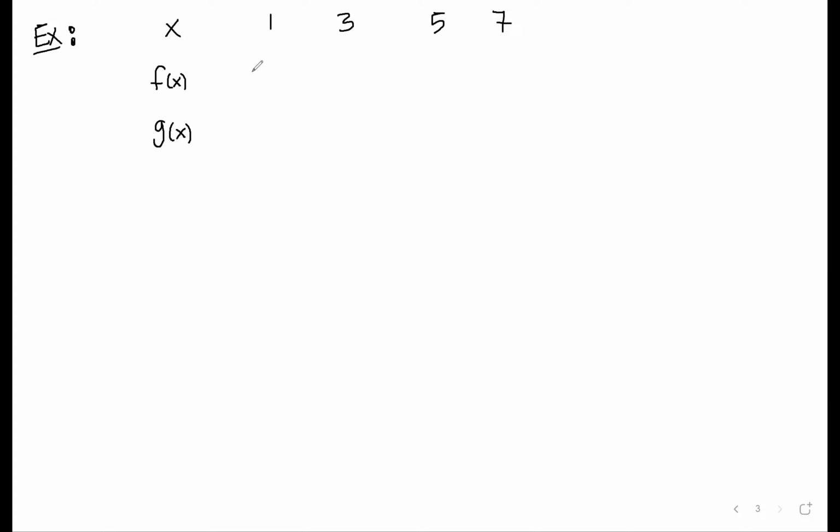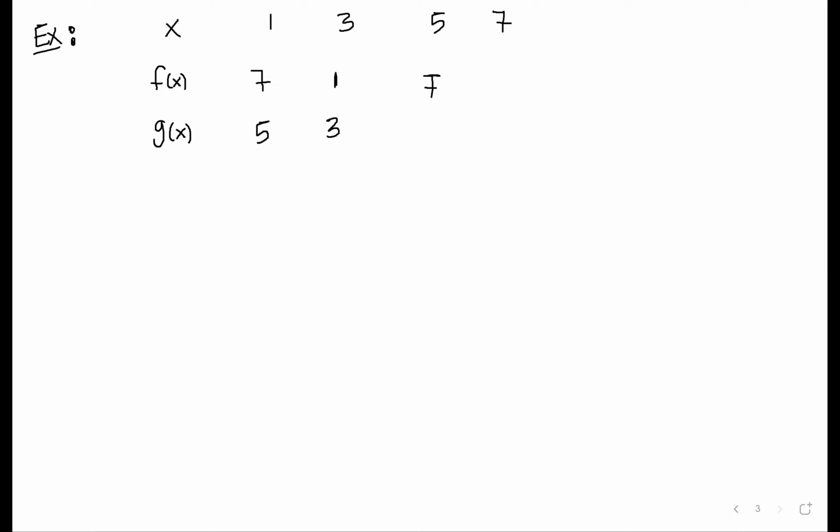At 1, the value for f is... not 10, I'm going to use smaller numbers, like 7. Here like 5. Here like 1. Here like 3. At 5 is 7 again. Here is 1, 5. Here is 5.